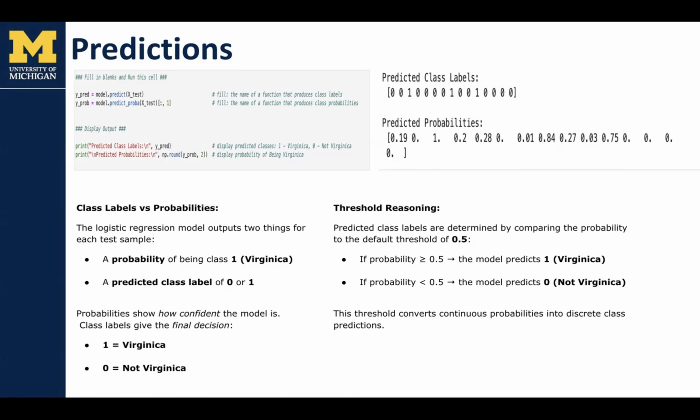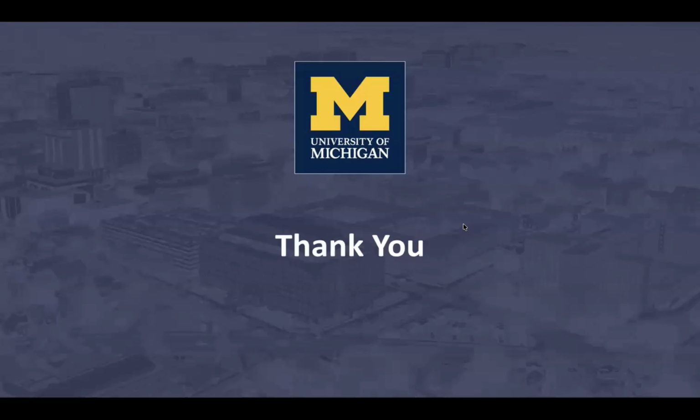These class labels are created using a default threshold of 0.5. If the probability is 0.5 or higher, the model predicts 1, which is Virginica. If the probability is below 0.5, it predicts 0, which is not Virginica. This is how the model converts continuous probability values into discrete predictions.